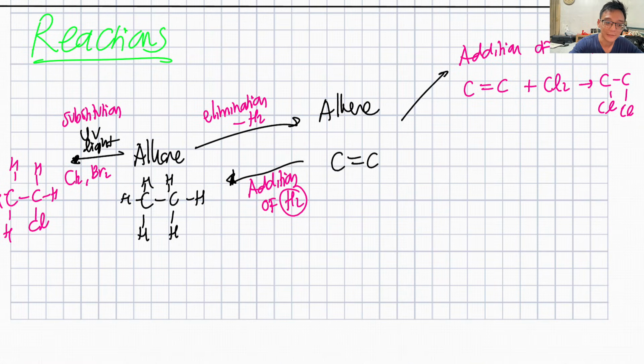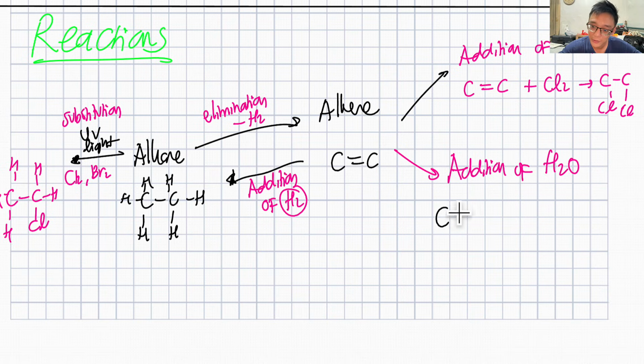So for alkene, we have one more addition, which is addition of water. So addition of water will actually lead to this. The water will be disassembled to H+ and OH-. Later the detail will be given to you in upper grades.